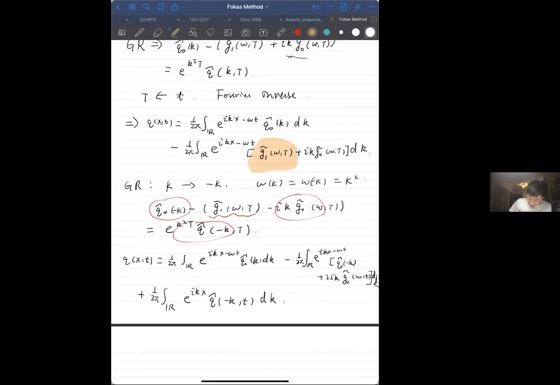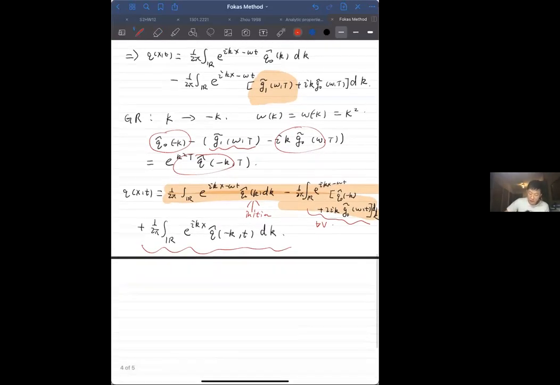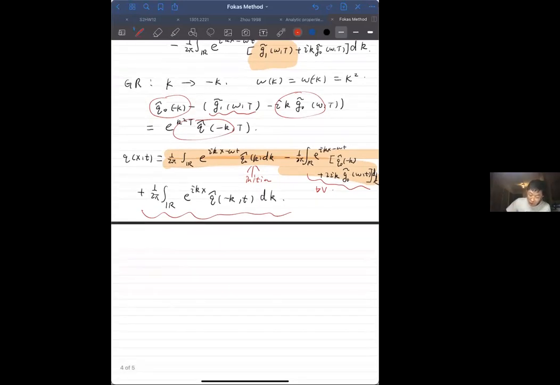Those things we all know: this is from the initial data, and this is from the boundary values. We need to analyze this, and we will see that this last term is actually equal to 0.